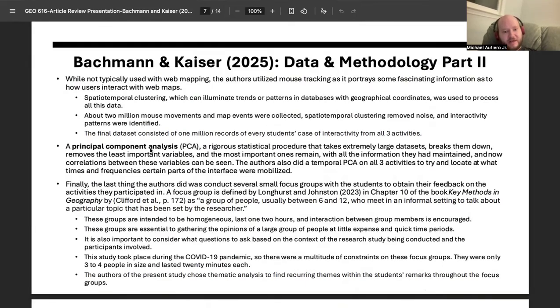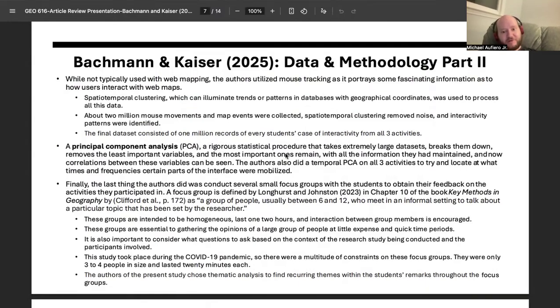Then a statistical test called a principal component analysis, which is a rigorous statistical procedure that takes extremely large data sets, breaks them down, removes the least important variables, and the most important ones remain with all the information they had maintained, and now correlations between these more important variables can be seen.